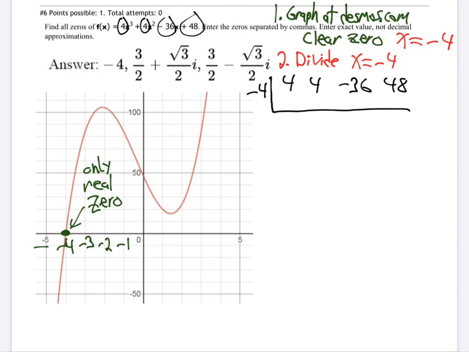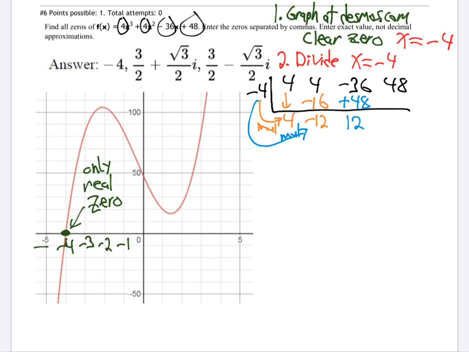All right. Bring it down, 4, and let's do our first multiply. -4 times 4, -16. Add them up, -12. Let's do the next one. Multiply. -4 times -12 is positive 48. 48 minus 36 is 12.